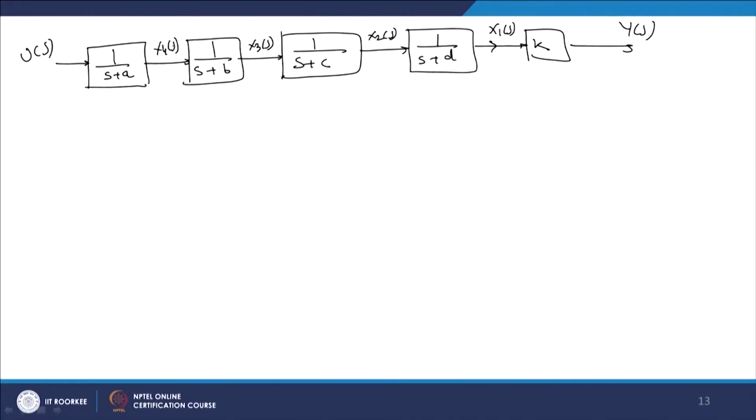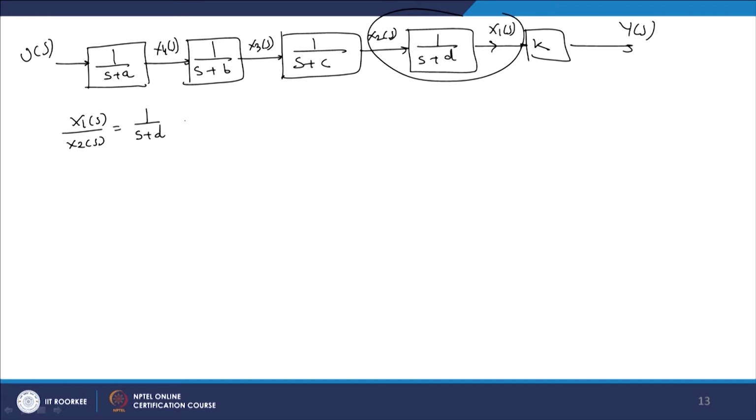So now we have to solve it. How to solve it? We write this block representation. This can be represented as x1 of s divided by x2 of s equal to 1 upon s plus d.